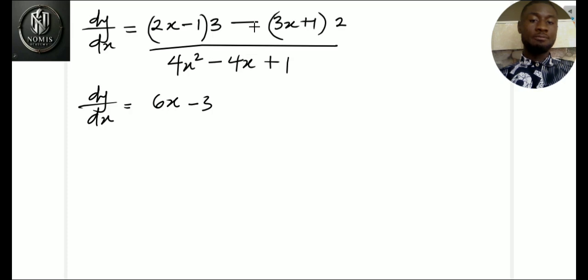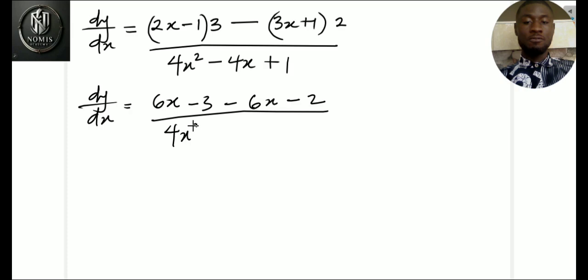Then we have minus 2 multiplied by 2x, that's minus 6x. Minus 2 multiplied by 1, that's minus 2 as well. Then all over 4x squared minus 4x plus 1.